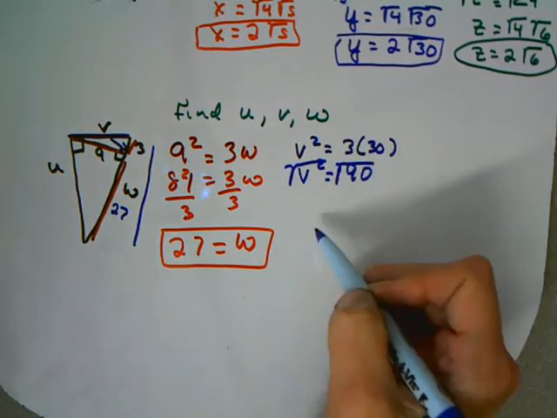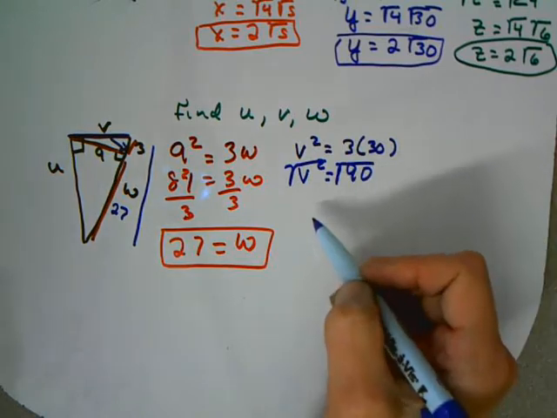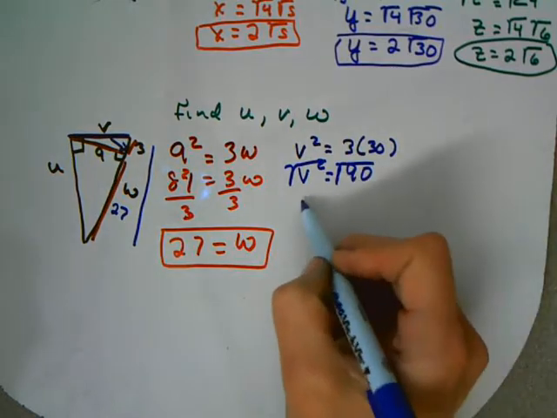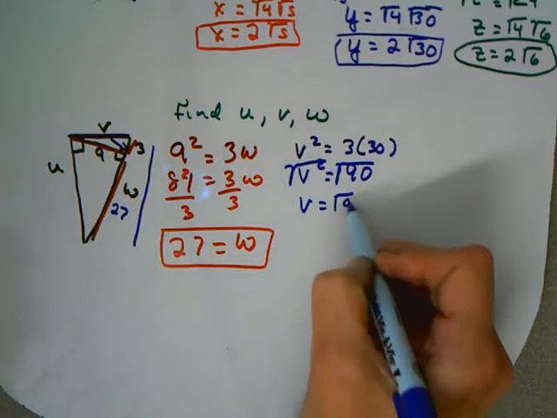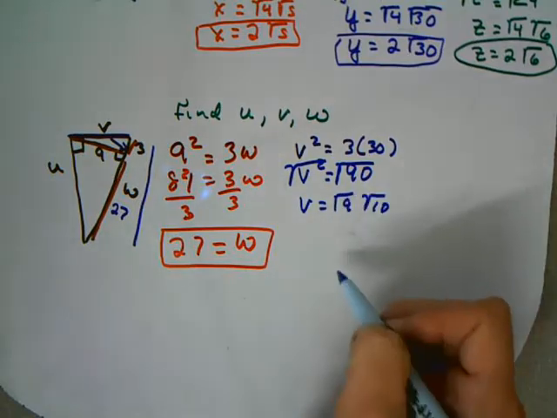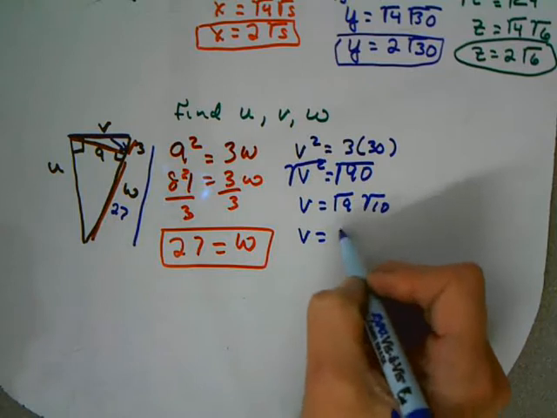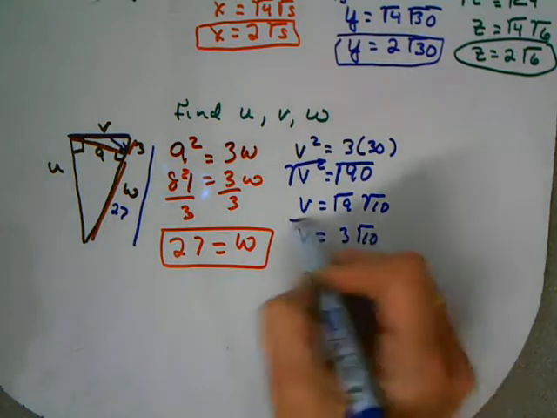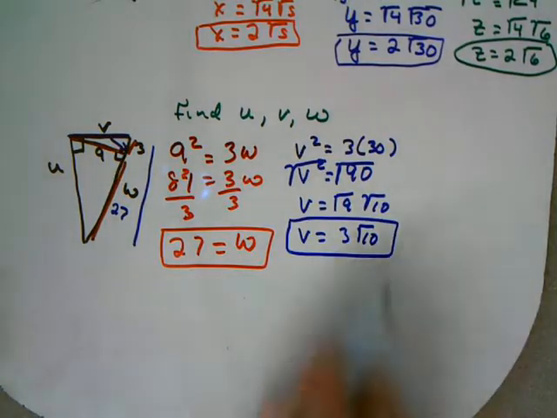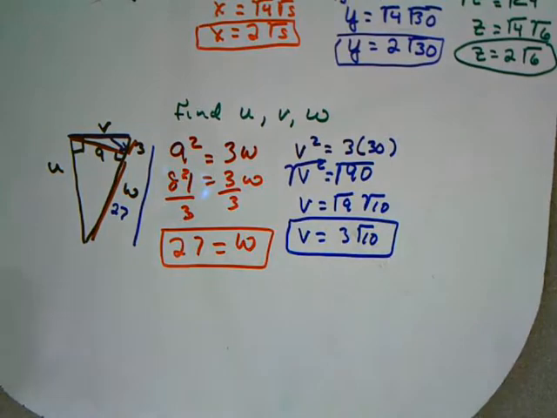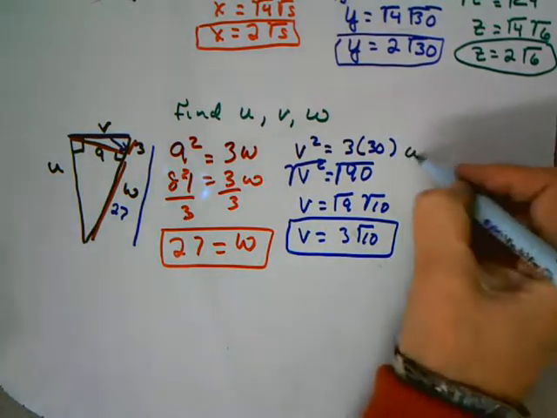And when I square root that, there's no perfect square for 90, but there is for 9. So I'm going to say V equals the square root of 9 times the square root of 10, because 9 times 10 is 90. And that's going to give me 3 times the square root of 10. So there's my V.